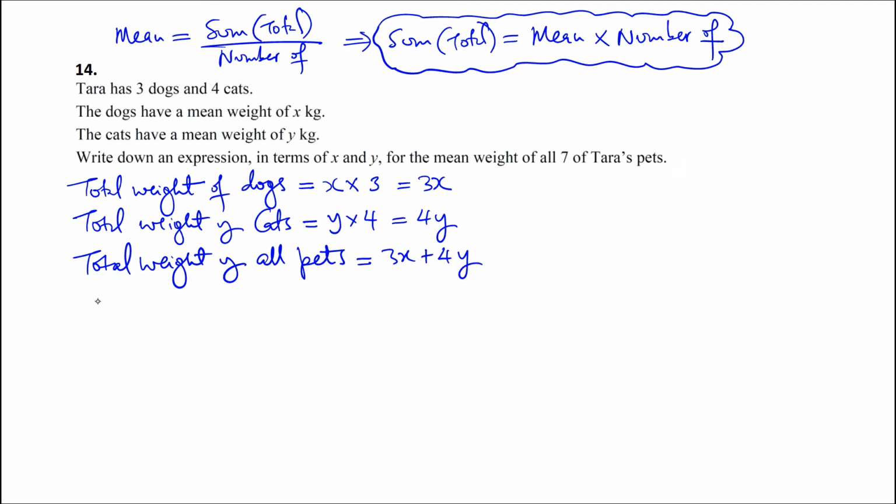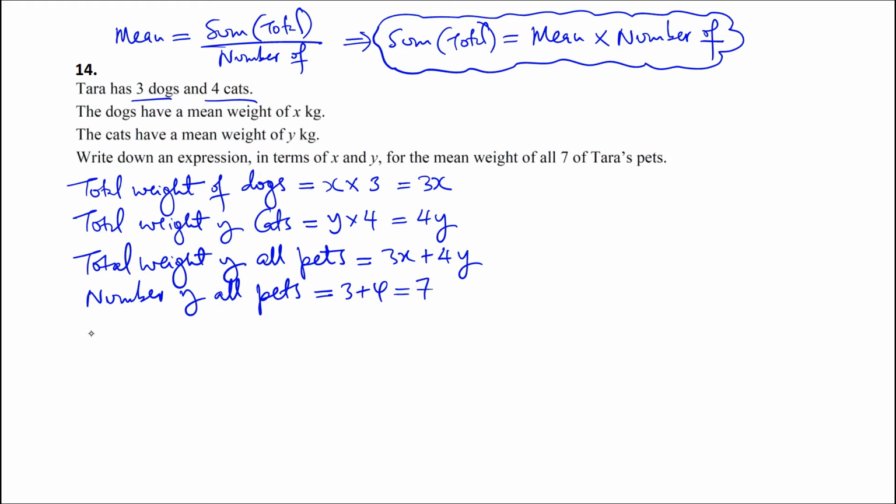But how many pets do we have here? The number of all pets is 3 dogs and 4 cats. So 3 plus 4, which is 7.